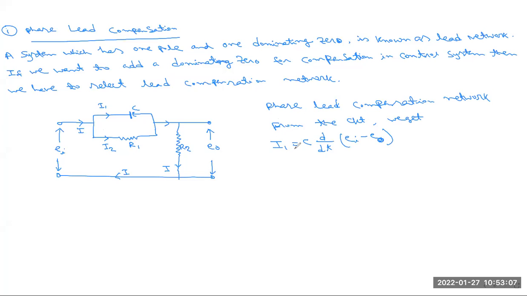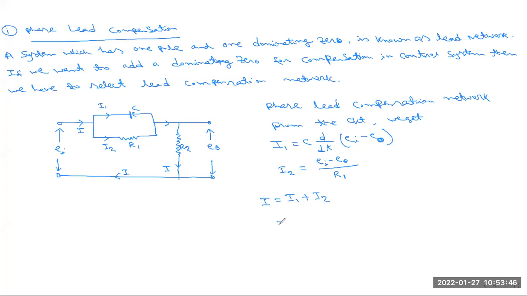Is it clear? This is I1, equal to C d/dt of the difference between input and output of the system. And I2 equals, we know, EI minus E output divided by R1. This one is I2. So we know that I equals I1 plus I2.